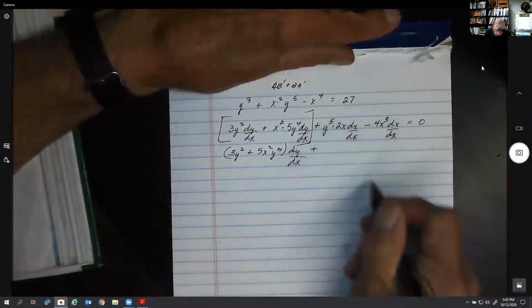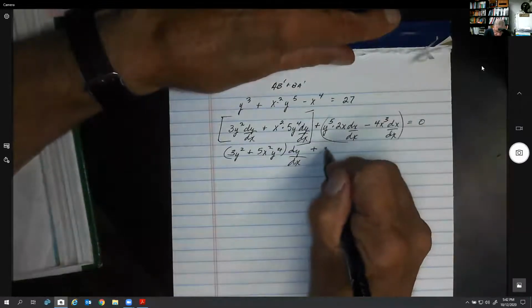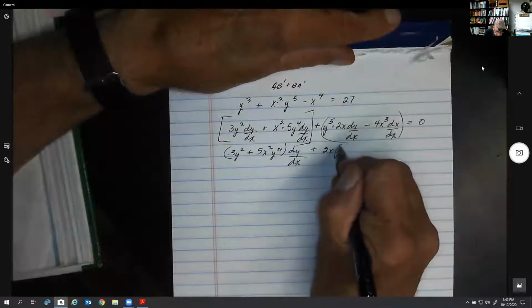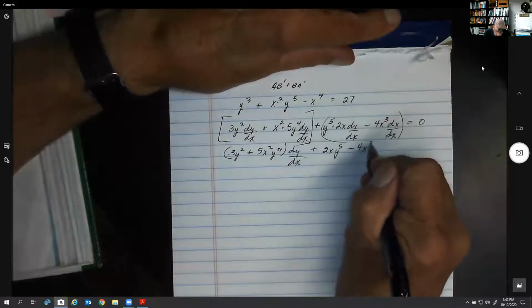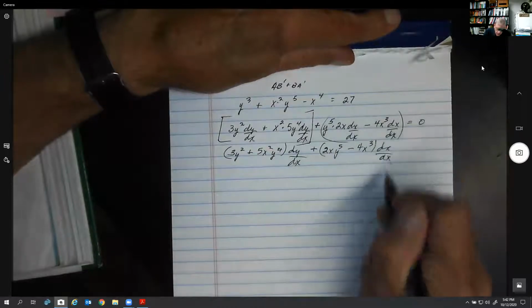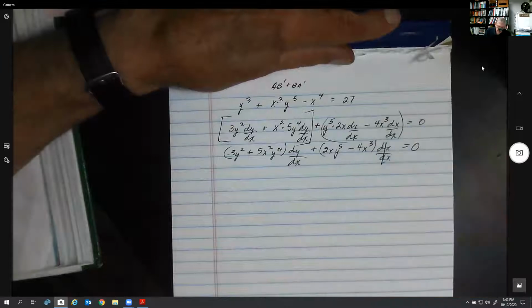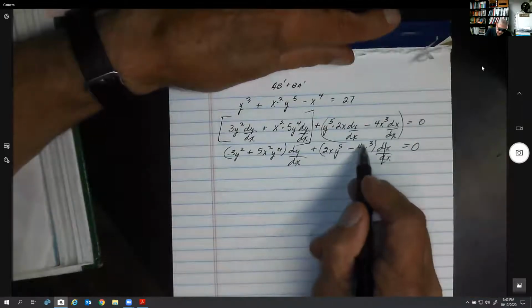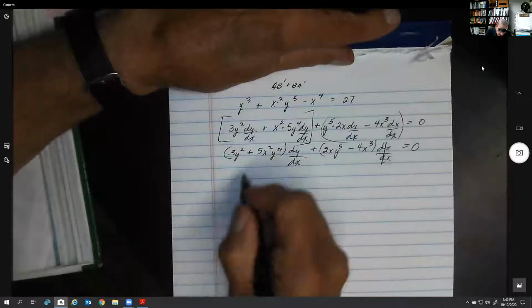Plus, I'm going to do the same thing here, simplify that. This would be 2xy to the fifth minus 4x cubed dx over dx. And of course, dx over dx is just 1, and that equals 0. So I'm going to take the part that was dx over dx to the other side.